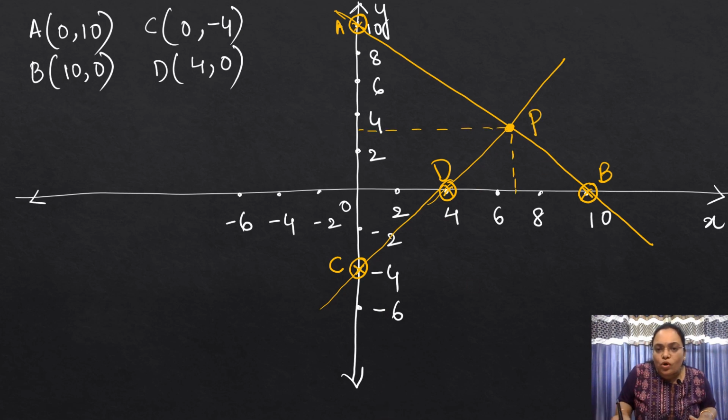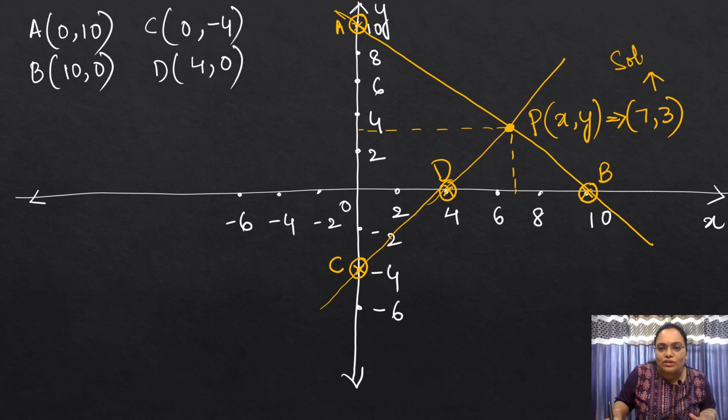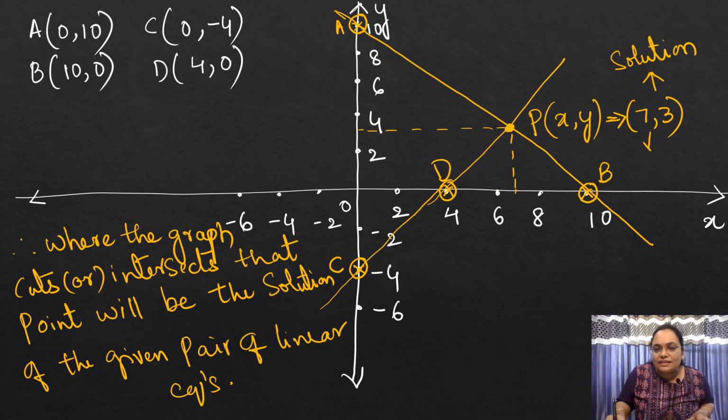So this point P of x, y, that is 7, 3, will be the solution for the given pair of linear equations. This is x and this is y.